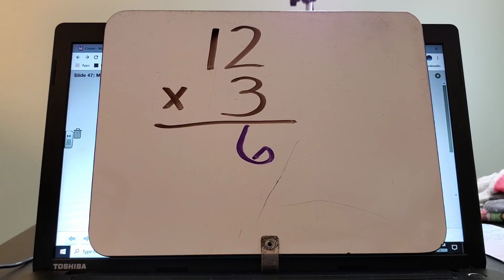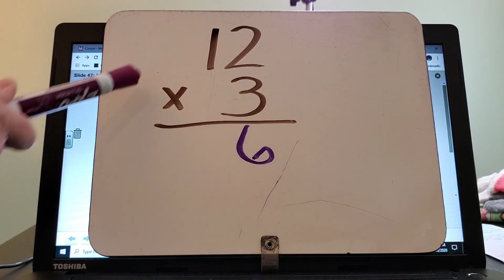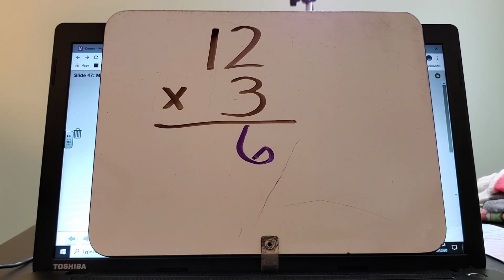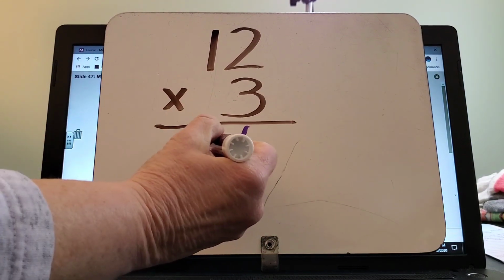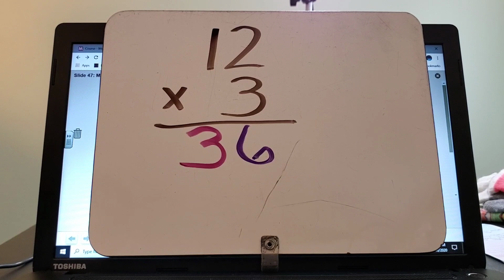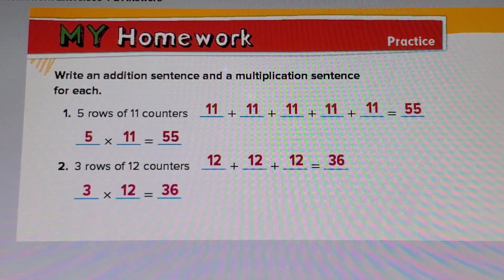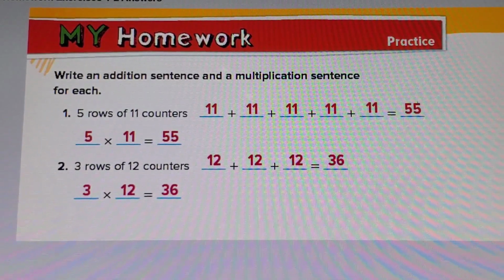So 3 times 2 equals 6. Then you're going to go to the tens, and you're going to say 3 times 1. And what does 3 times 1 equal? 3 times 1 equals 3. So your answer to 3 times 12 equals 36. And here's what your answer page would look like.